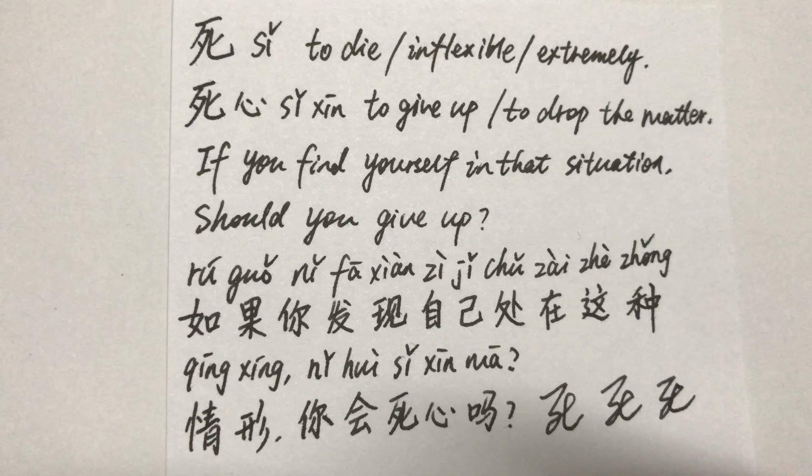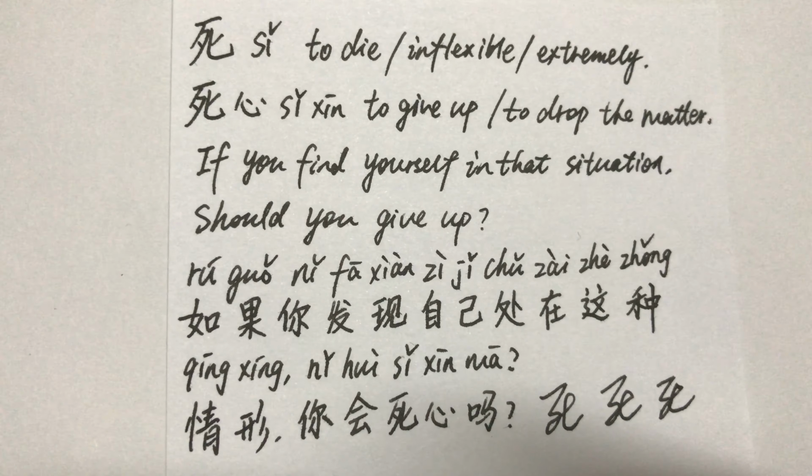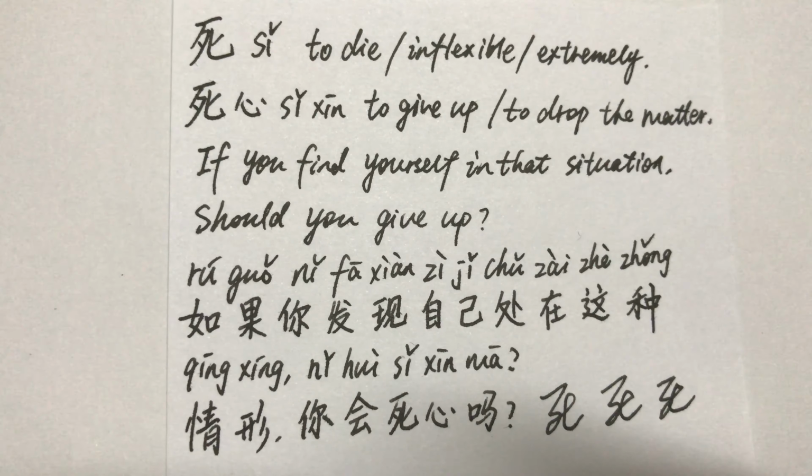Extremely. 死心, to give up, to drop the matter. If you find yourself in that situation, should you give up? 如果你发现自己处在这种情形，你会死心吗？死. Okay, please comment any words or sentence with the character 死.